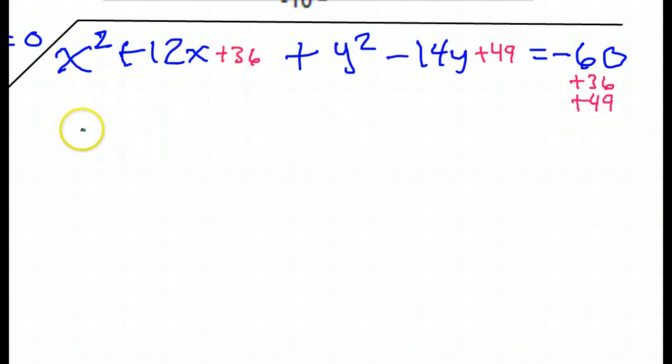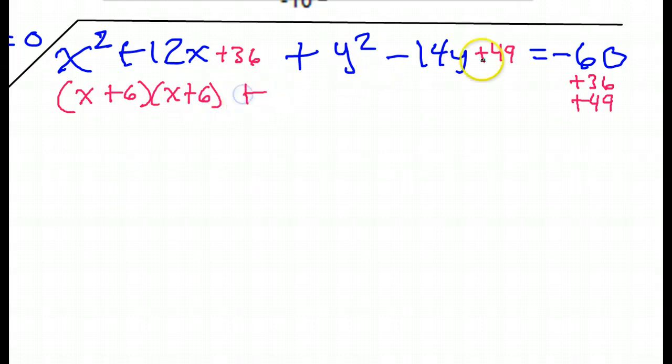Alright, the point of this is so we could rewrite it as the same thing twice. So this is going to be x plus 6 times x plus 6. And this is going to factor down as y minus 7 times y minus 7, equals.